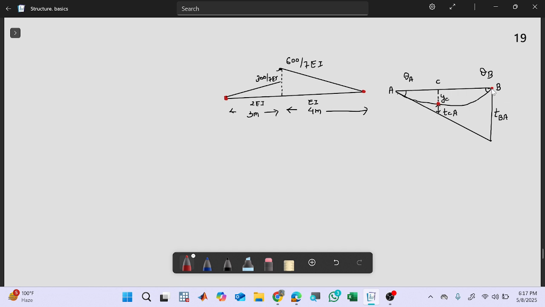Here also we are drawing from the elastic curve, not from point B. Similarly, if we want to find for this region, say this is D, then it will be TDA, this portion only, not the entire thing, but from the elastic curve to the tangent. So it is important to note this.